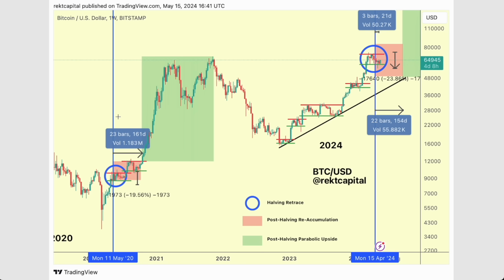So historically, if we look at the halving as a reference point and just look at when Bitcoin tends to break out from its reaccumulation range, in 2020, that was 160 days. So essentially we were just consolidating within this macro range for over 150 days, multiple months here, divided into two separate ranges.